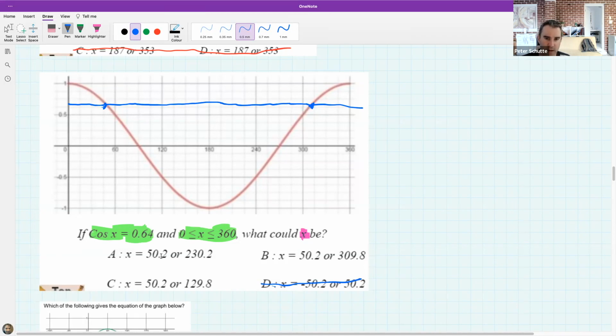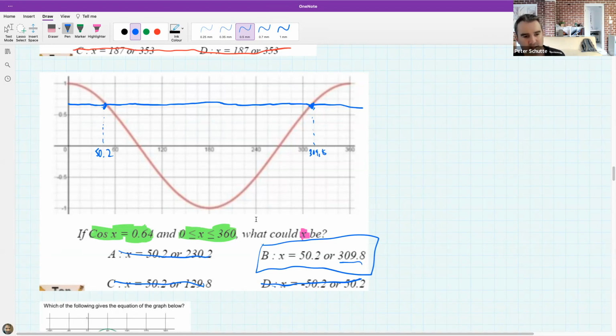So all of these could happen. But so this could be 50.2. But now this one over here, this is between 300 and 360. Now the only one that is between 300 and 360 is this 309.8. And so it can't be these two over here. The correct answer has to be B.